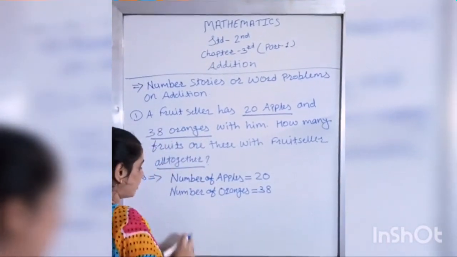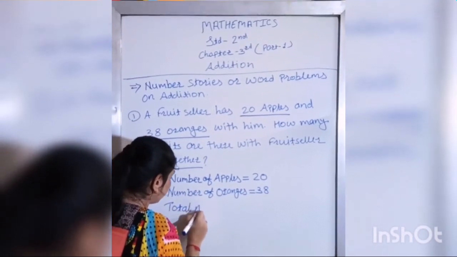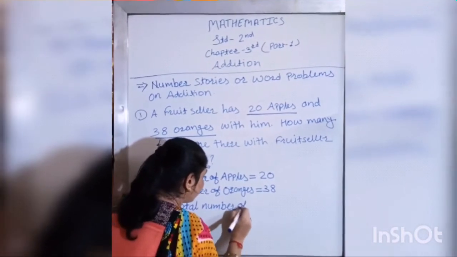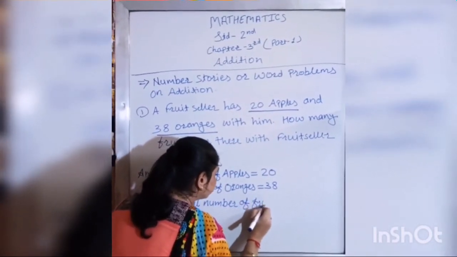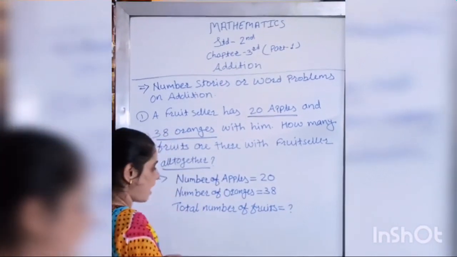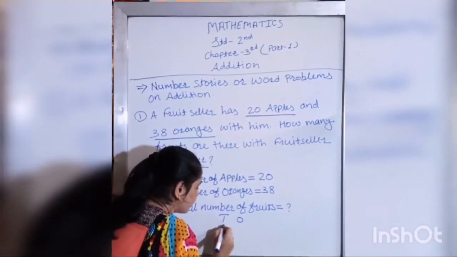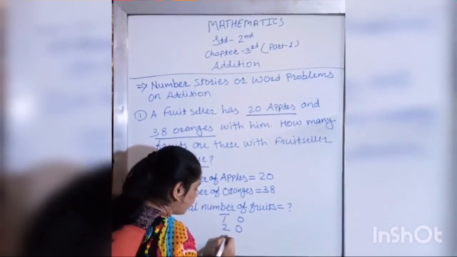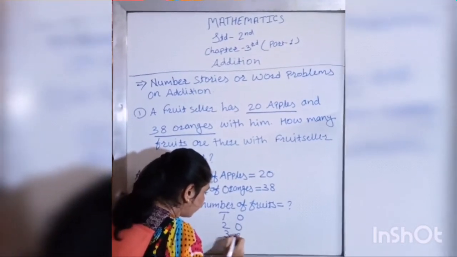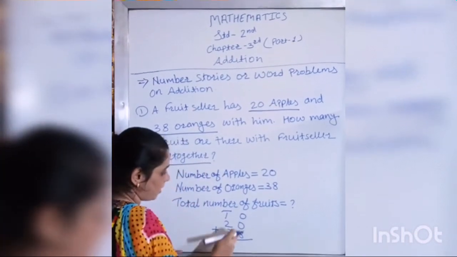What do we have to count here? Total number of fruits. Total means addition. So what is the first number? 20. And number of oranges? 38. How many fruits are there all together?